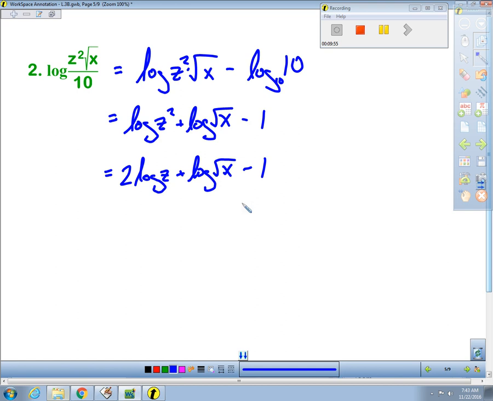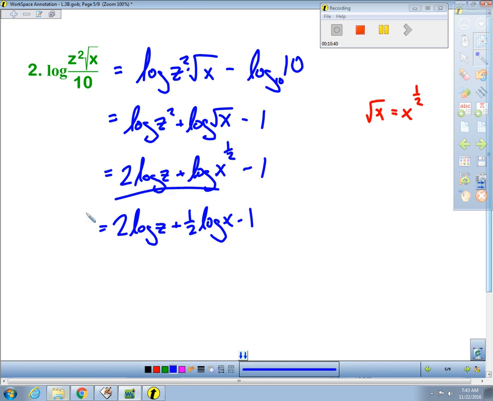The square root of x, what's that the same as? Remember that the square root of x is the same as x to the 1/2 power. The square root is the same as a 1/2 exponent. So if I take a second and rewrite this as x to the 1/2, I realize that I have another exponent to bring down. This is 2 times the log of z plus 1/2 times the log of x minus 1.